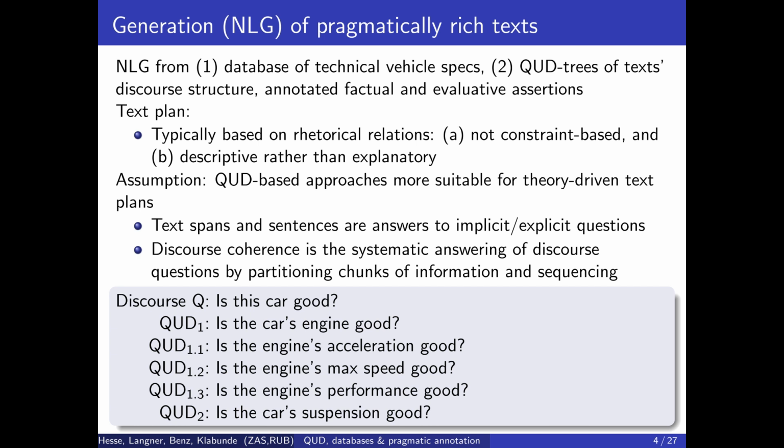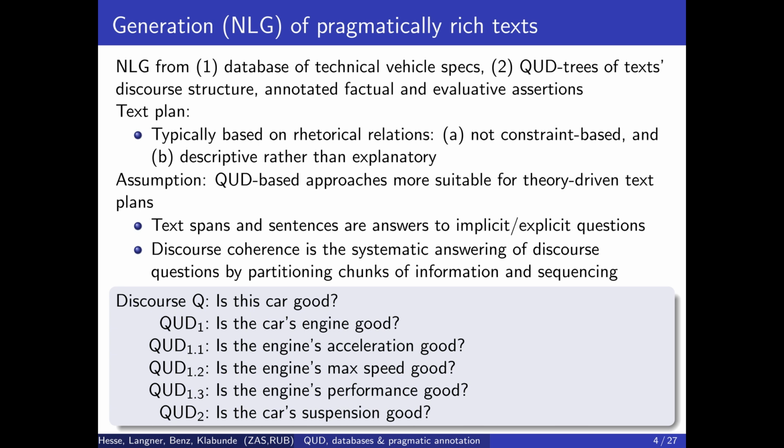So things like the engine, the suspension, the interior design, the comfort level, the accessories, the extras, gas mileage, all these sorts of things, and obviously the evaluation of the car as a whole should be the sum of the evaluation of the parts, or the different categories that are being evaluated.